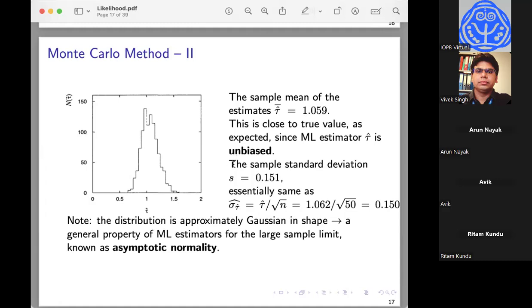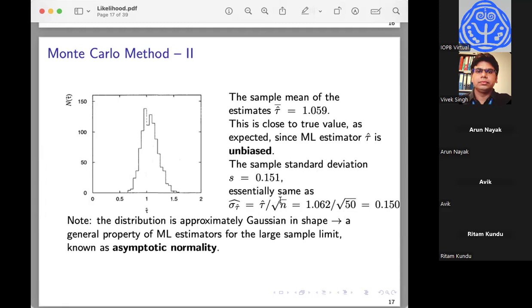From this distribution you can get the standard deviation, which is given as 0.15 for this case. Essentially, sigma hat will be tau hat over square root of n.